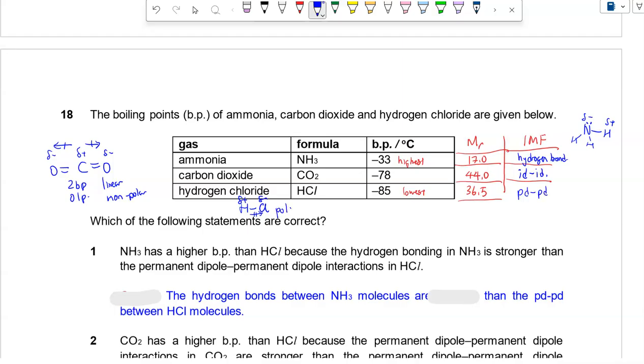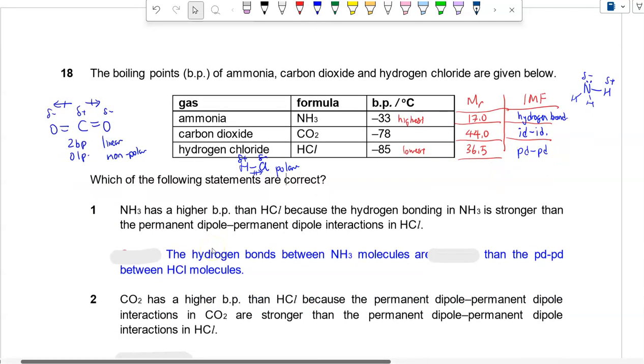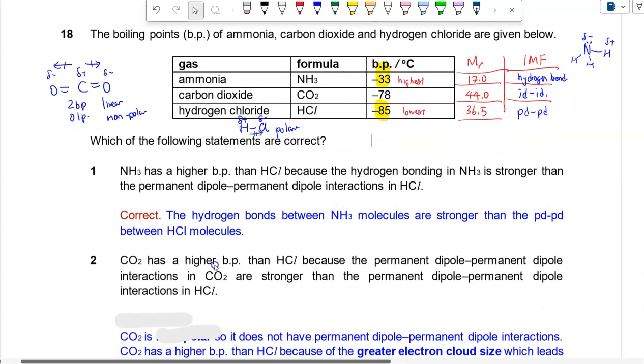You have your PD. Okay, so if you take a look at the options, which of the following statements are correct? Ammonia has a higher boiling point than HCl because the hydrogen bonding in ammonia is stronger than the PDPD in HCl. Is that possible? Yes, true. Alright. The hydrogen bonds are indeed stronger than the PDPD, and it's reflected from the boiling point. Okay, moving on, CO2 has a higher boiling point than HCl because the PDPD in CO2 are stronger than the PDPD in HCl.